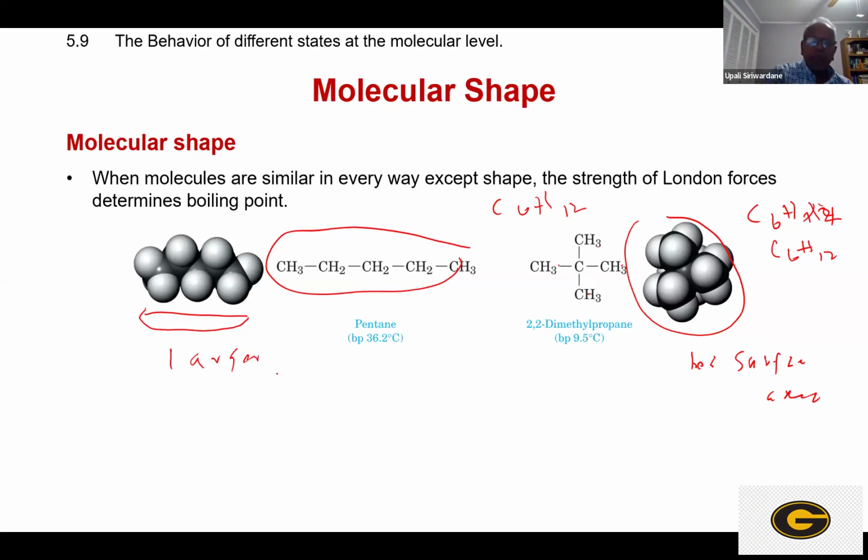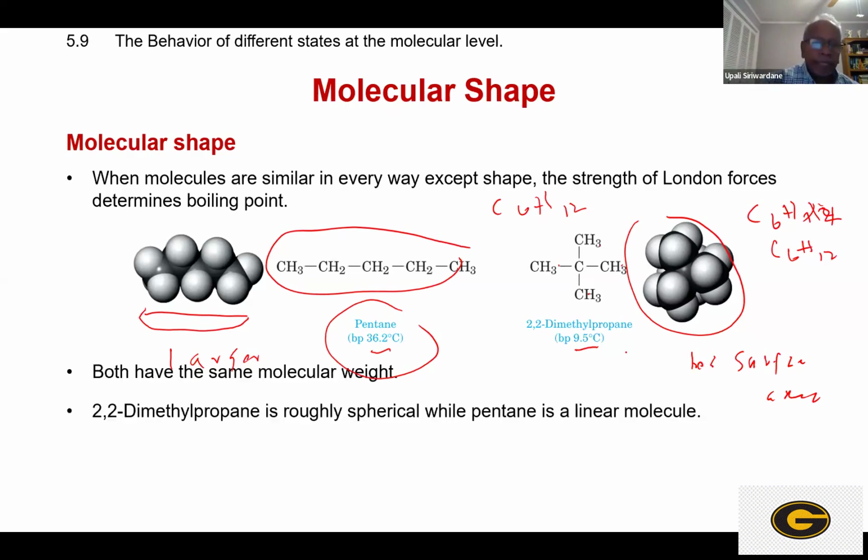Same formula. This has larger, this has smaller: 36 versus 9.3 Celsius. That's how they both have the same number of electrons, but the molecular shape is different. 2,2-dimethylpropane is this compound.